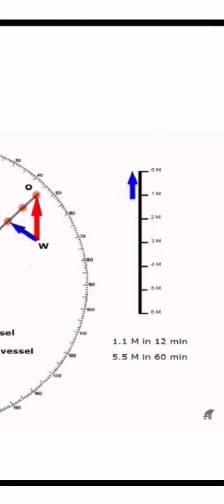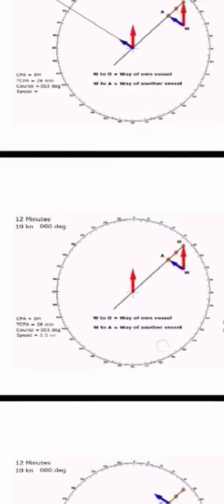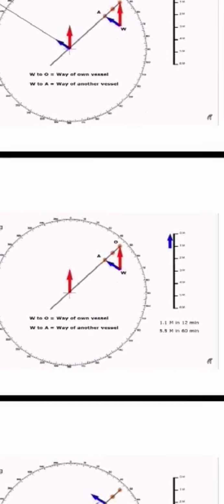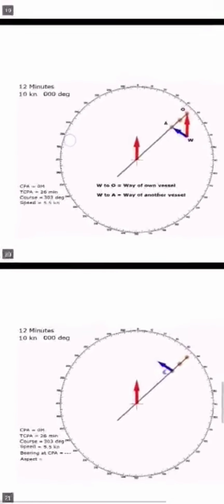In order to convert, we multiply by 5 to turn 12 minutes into an hour. So we multiplied the 1.1 by 5, and the result is 5.5 knots for our speed.